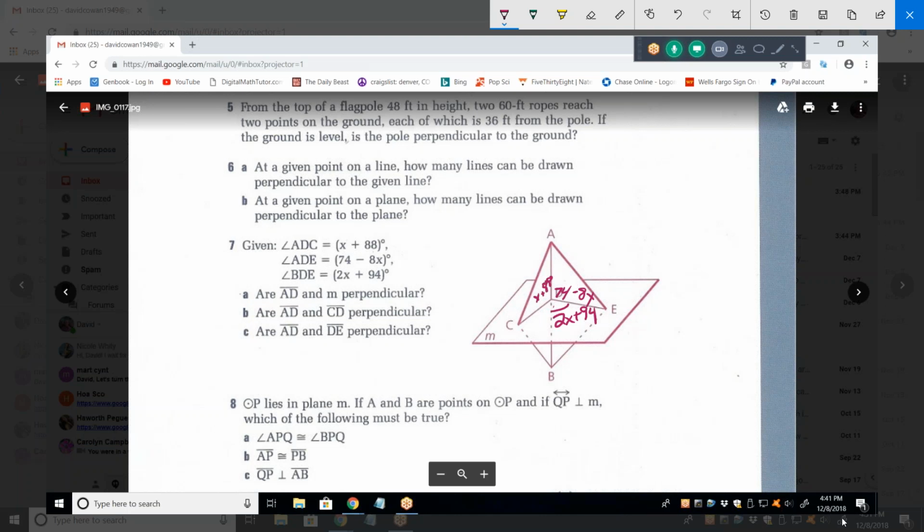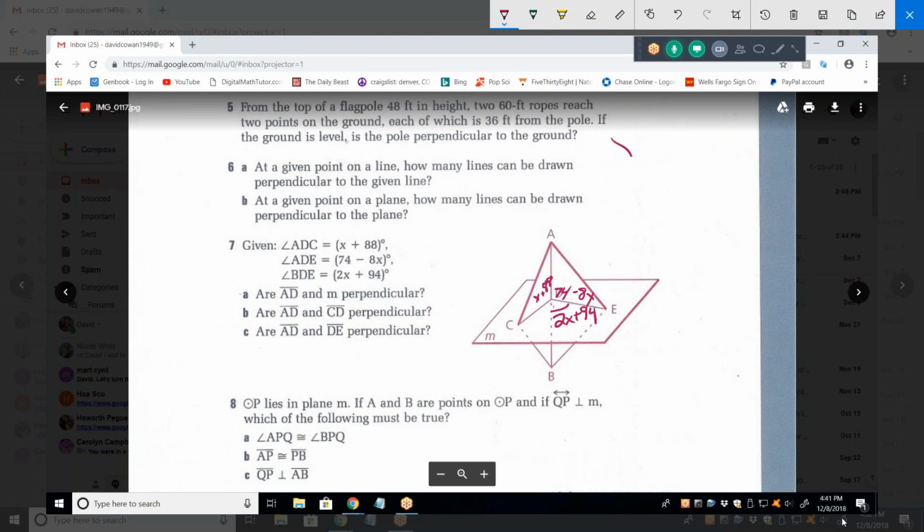Are AD and M perpendicular? So let's see.